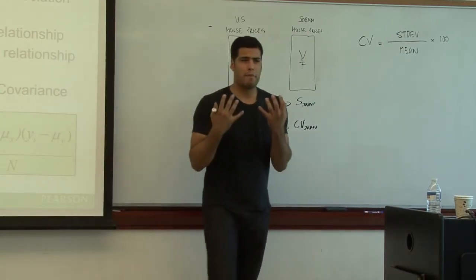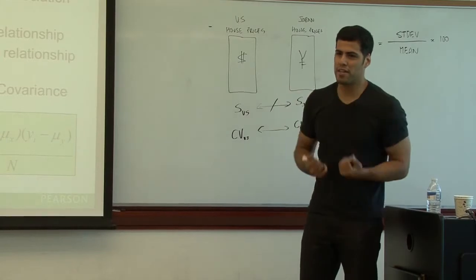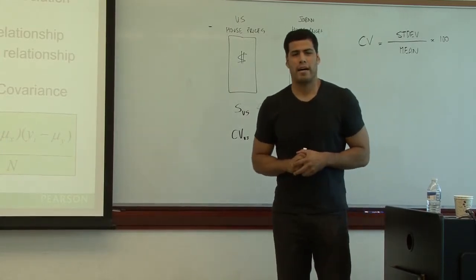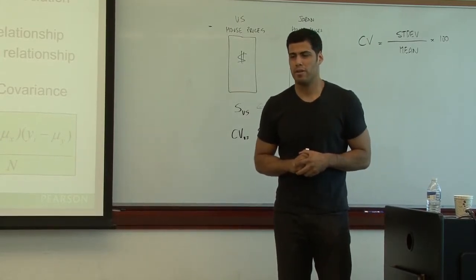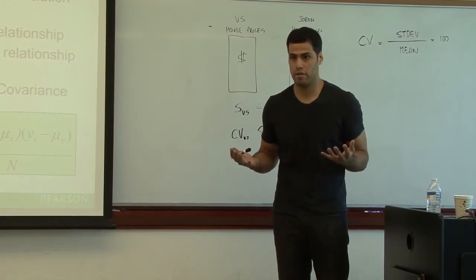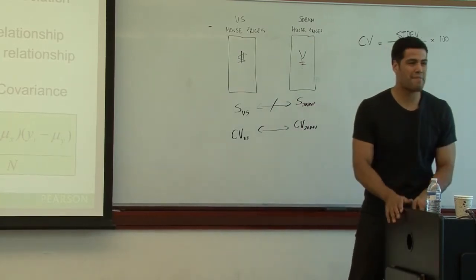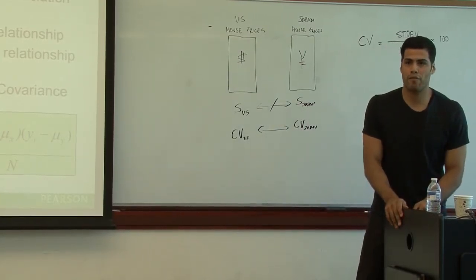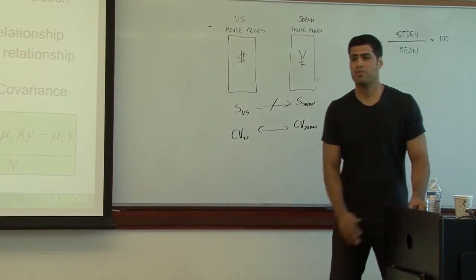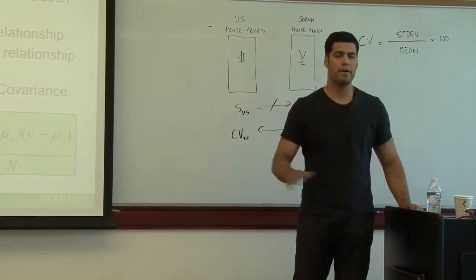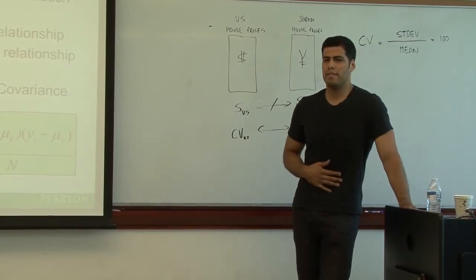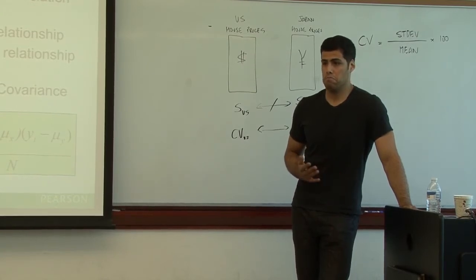Two variables that have a positive relationship, that means that they move together, are going to have a covariance that is greater than 0, positive covariance. Two variables that move in opposite directions are going to have a negative value for the covariance. And two variables that have no relationship are going to have a 0 covariance.